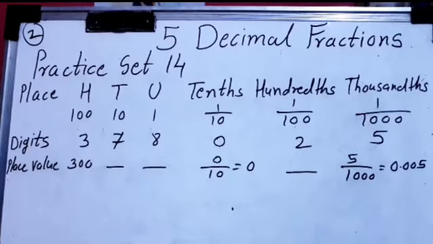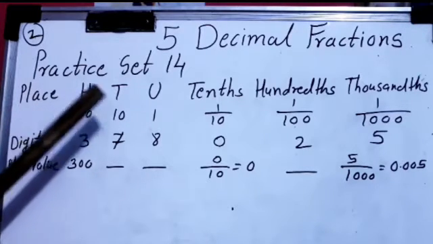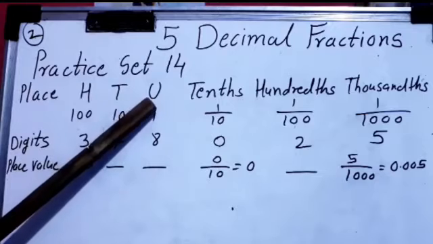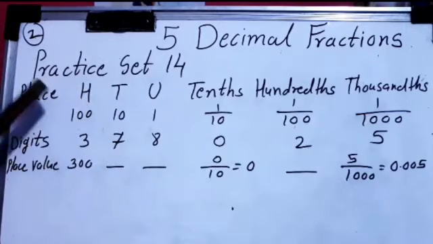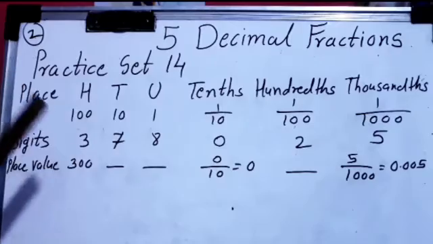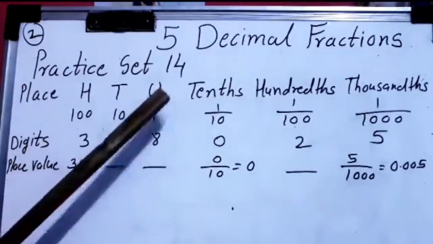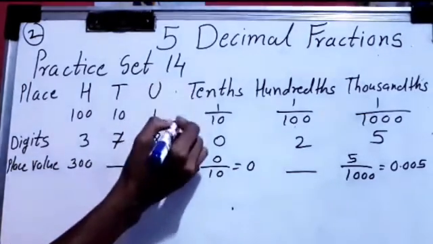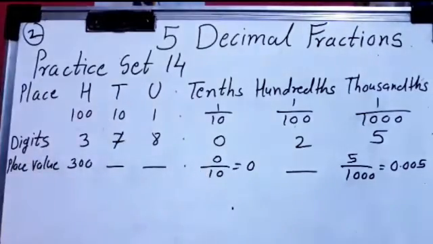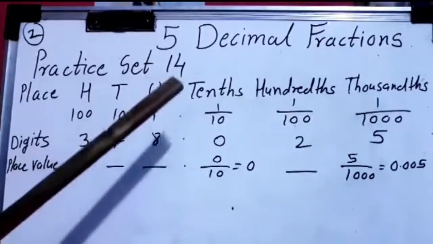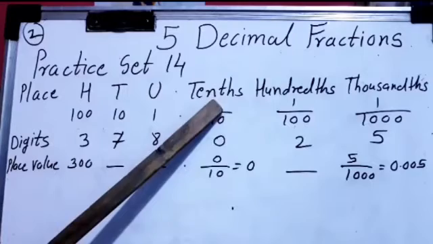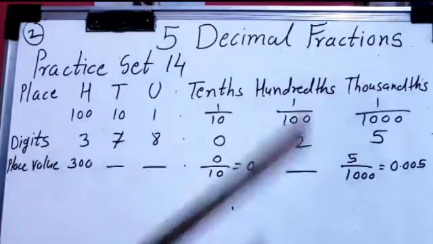The first column is place. Then you know our places: unit, 10, 100, 1000, 10,000 and so on. And then after the decimal point, here the decimal point will be there. After the decimal point, we write the place values as 10th, 100th, 1000th.